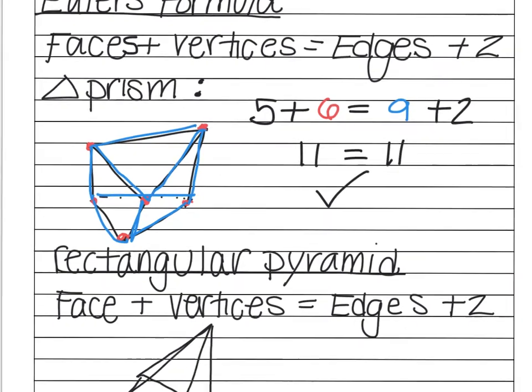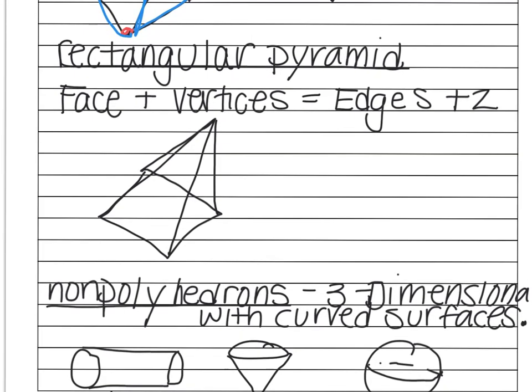Now let's look at a rectangular prism. A rectangular prism has a base here, or a face, which is a base. So you have a base right here on the bottom, and then you have to remember these sides. So this panel right here, if you want to think of it, that's considered a face. So we got 1, 2, 3, 4 faces.